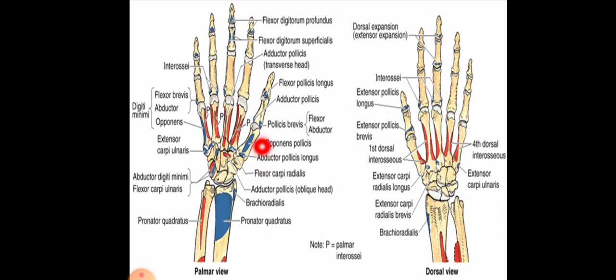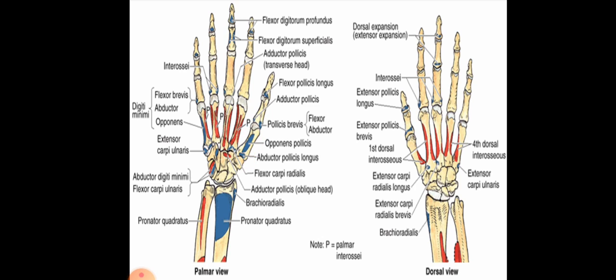Insertion. The flexor pollicis brevis and abductor pollicis brevis are inserted in the base of the proximal phalanx, while opponens pollicis is inserted in the shaft of the first metacarpal bone, here.